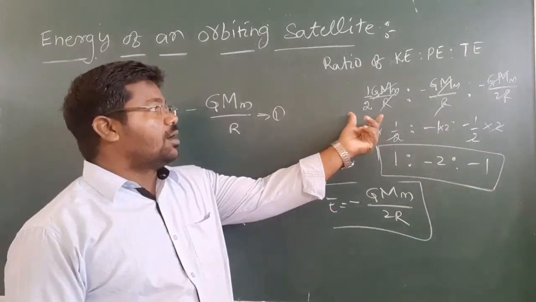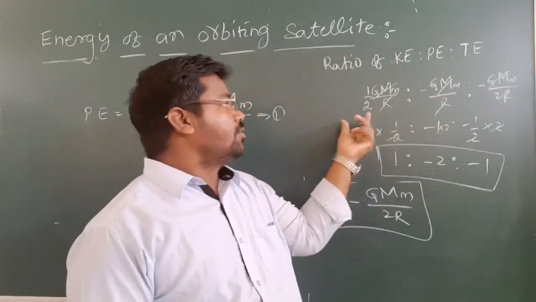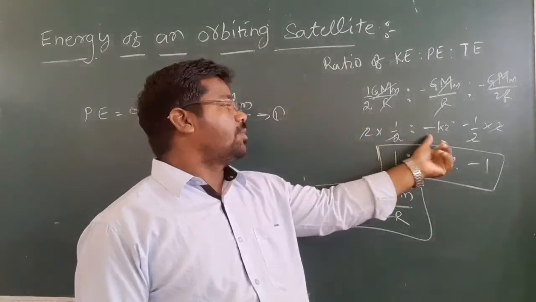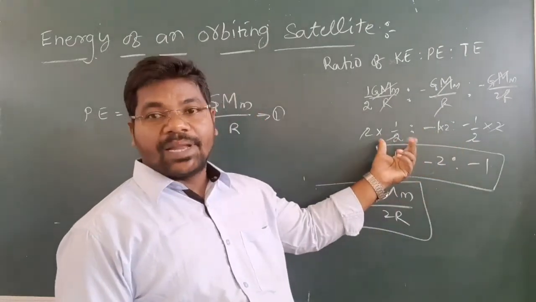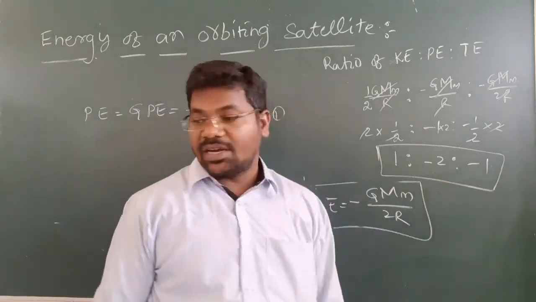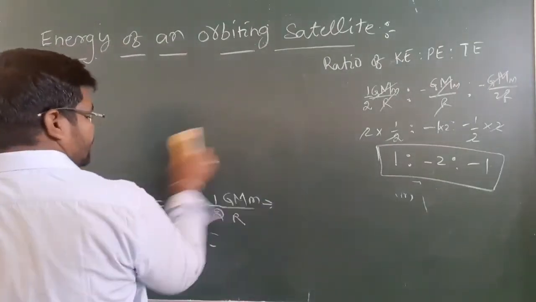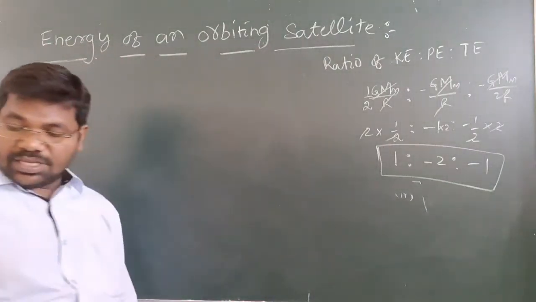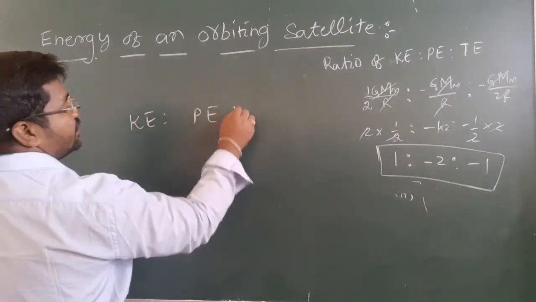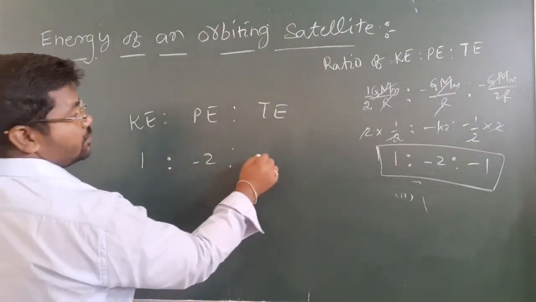By taking kinetic energy is to potential energy is to total energy, we cancel the common part, get 1 by 2, minus 1, minus 1 by 2, and multiplying by 2 we get the ratio 1 is to minus 2 is to minus 1. Which is very, very important. So the ratio of kinetic energy, potential energy, total energy is 1 is to minus 2 is to minus 1.